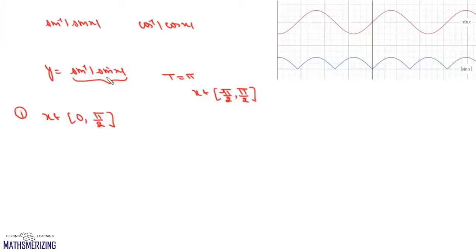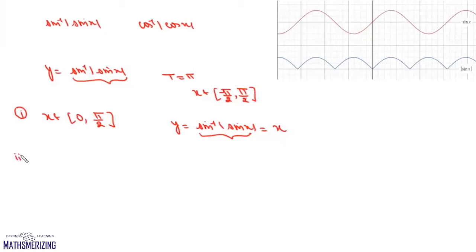In 0 to pi by 2, sin x is positive, so mod sin x will be simply sin x. So we can simply write this as y equals sine inverse of sin x. And in principal value range, sine inverse of sin x is nothing but x. So from 0 to pi by 2, this graph is simply y equals x.